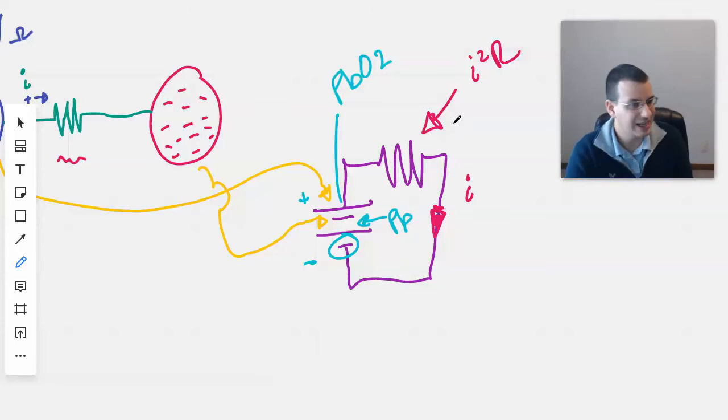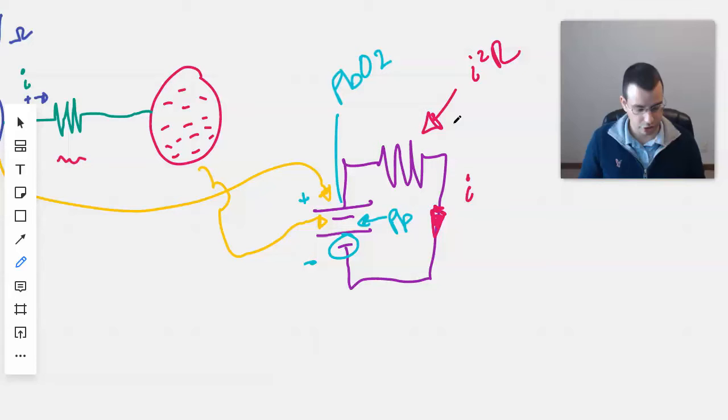An example of that would be a toaster. You look into a toaster, not with a fork, just with your eyes, and you see little glowing coils. What you have is current flowing through a resistor. I think it's tungsten. It gives off I squared R losses, which is heat, and then you use that to make your bread nice and toasty.